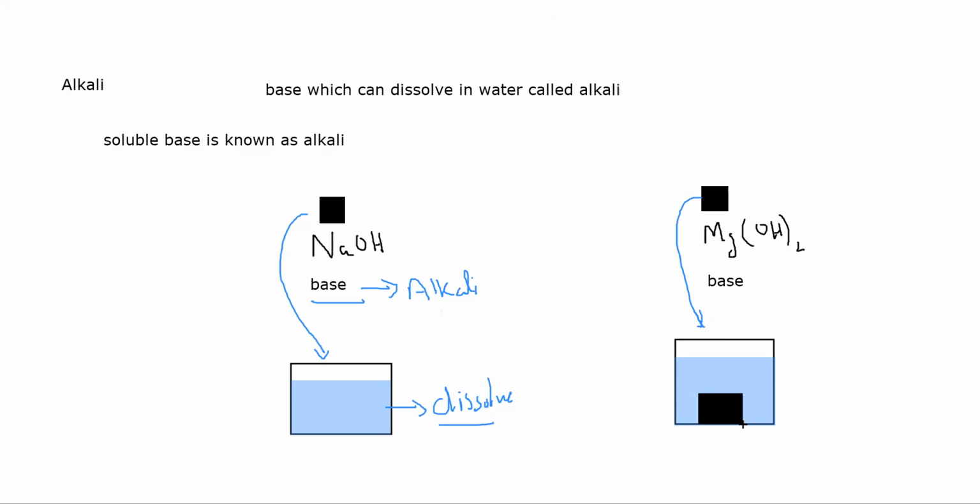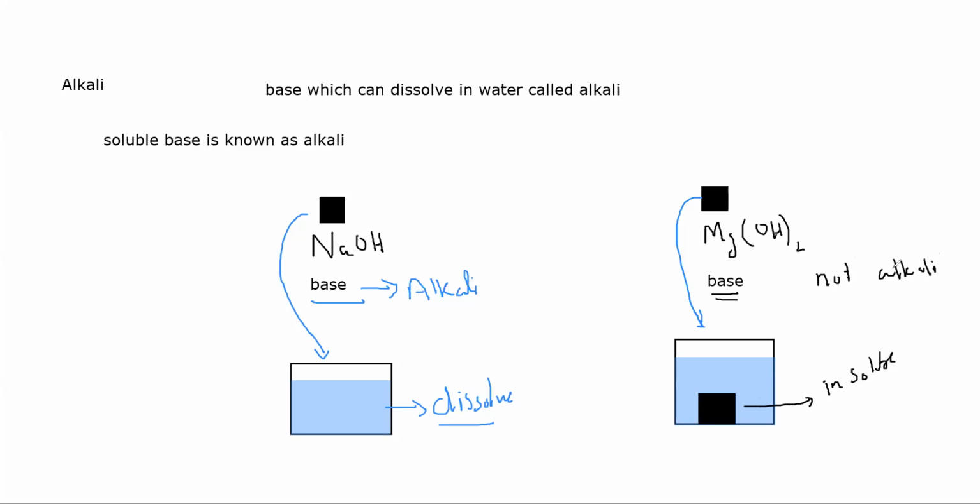It remains unchanged, insoluble. So I will not say it is an alkali. I will simply say it is a base, but it is not an alkali. So the simple difference between alkali and base: the soluble bases are known as alkali. All alkalis are bases, but all bases are not alkalis.